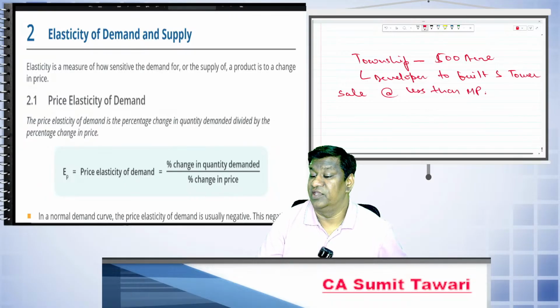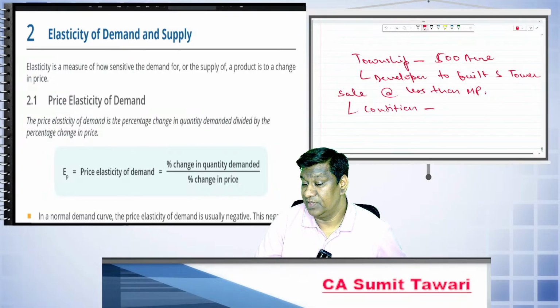In that situation, what happened? The builder, just because of the condition of the sanction, is willing to do it. He will build 5 towers only.